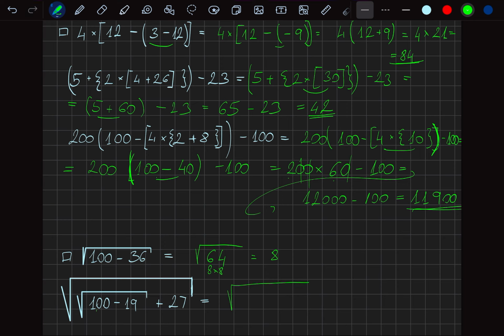So I will just calculate this one. It's 81. So it's 9 times 9, so the square root of 81, it's 9, plus 27, it's square root of 36, so it's 6, because 6 times 6 is 36.